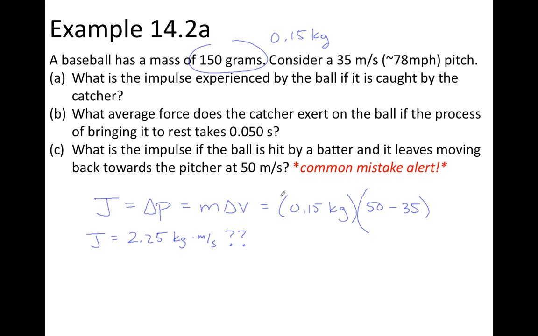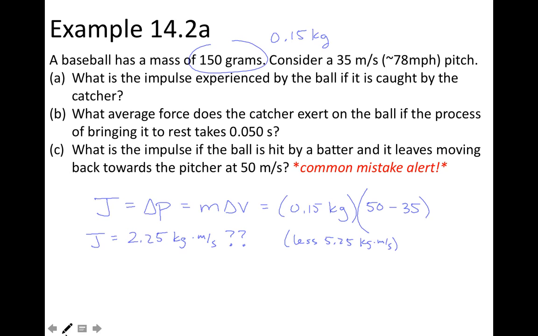All right, it's suspect because look, this impulse is less than the 5.25 kilogram meters per second that we found for the catcher to catch the ball. It should be harder for a batter to hit the ball than it is for the catcher to catch the ball. Right? There's a bigger change in momentum.